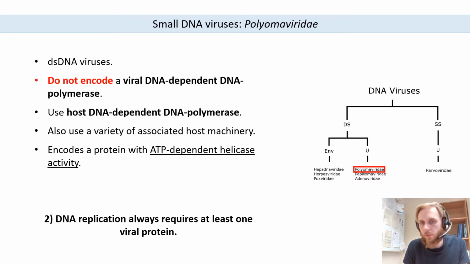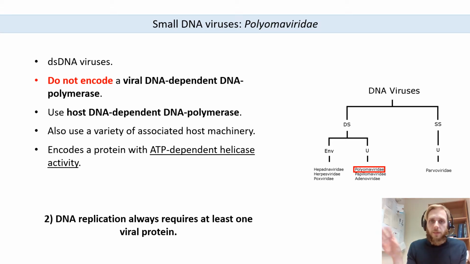The small DNA viruses, by contrast, they don't encode their own DNA-dependent DNA polymerase, so they rely upon the host DNA-dependent DNA polymerase. Again, that's fine, it makes sense because these viruses have a DNA genome like the host, and to replicate that genome they need to make a DNA copy, so they're using a DNA-dependent DNA polymerase, which is the same enzyme the host is using.